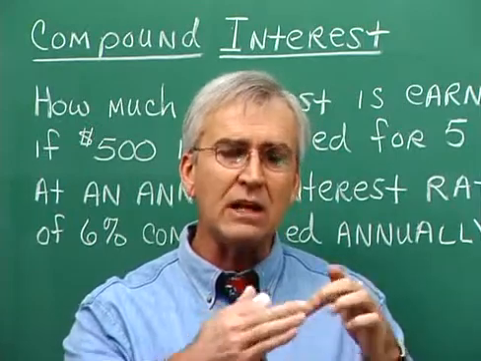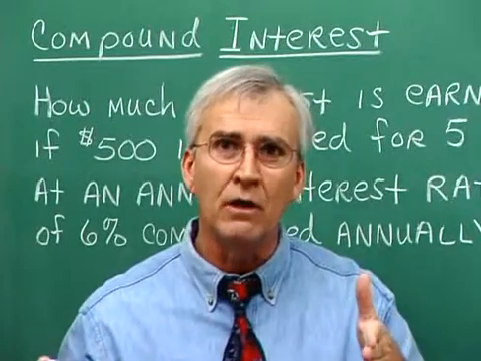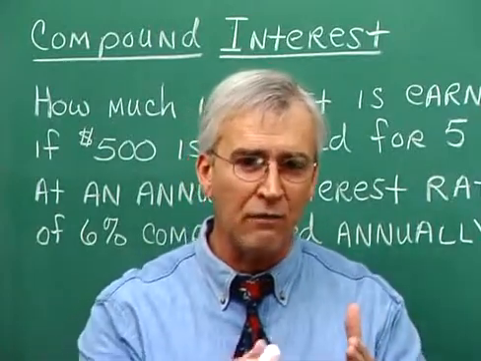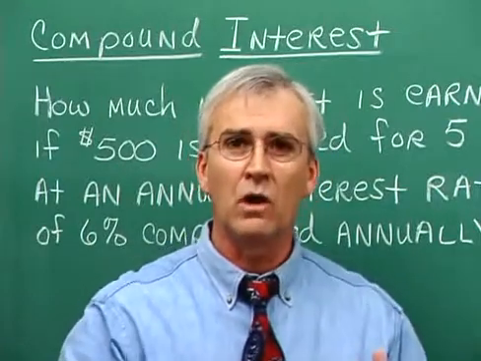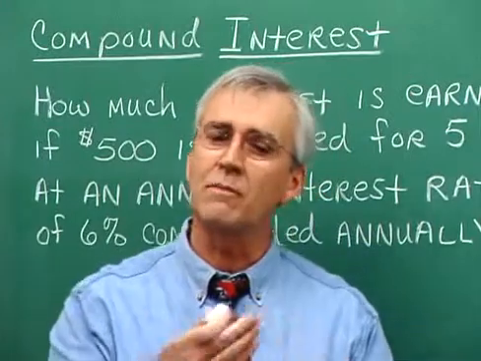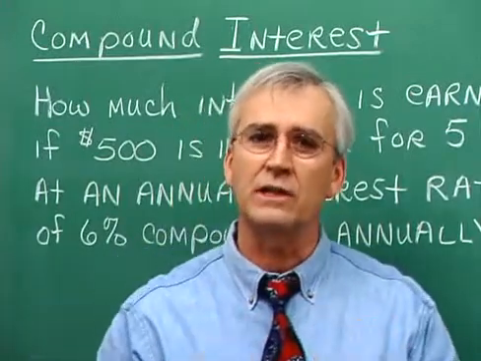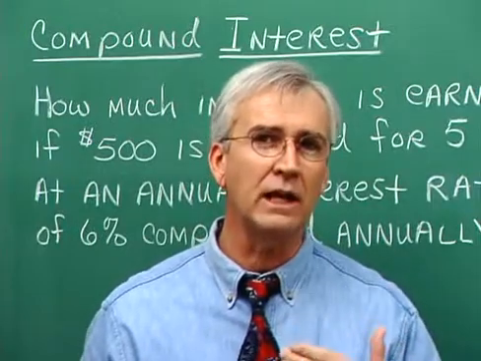Now at the end of that first month, I've got interest and principal. And during the second month, the interest is calculated on the principal and the interest from the first month. Whoa, it sounds complicated. It is a little bit, but it's not too awful bad. We're going to look at an example of this, and it's called compounding interest.